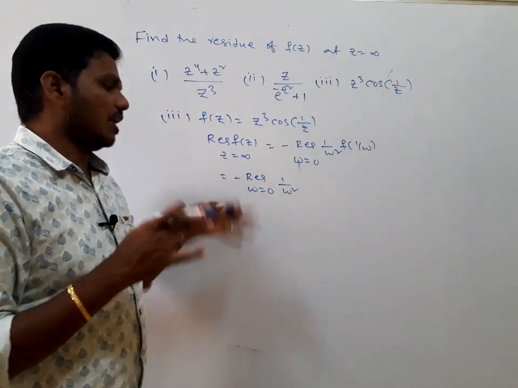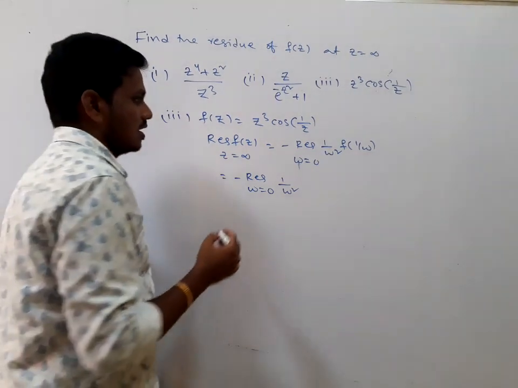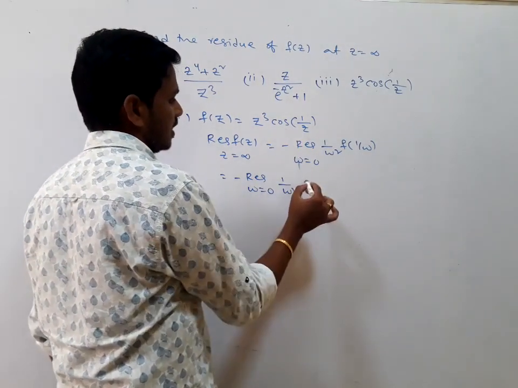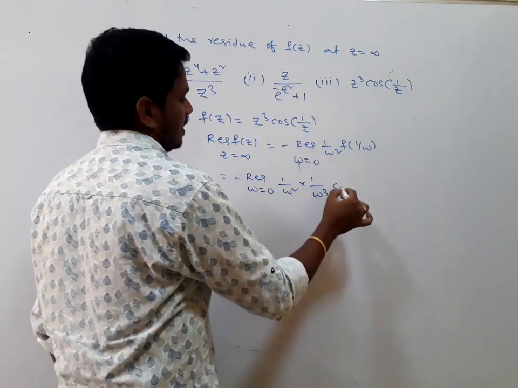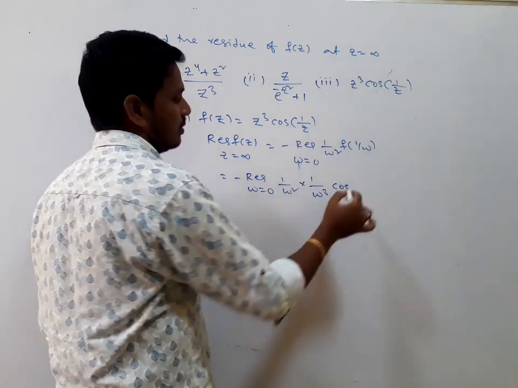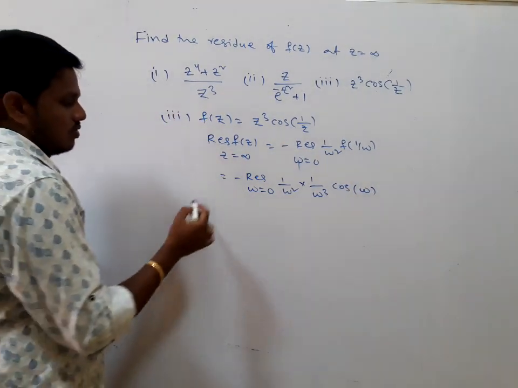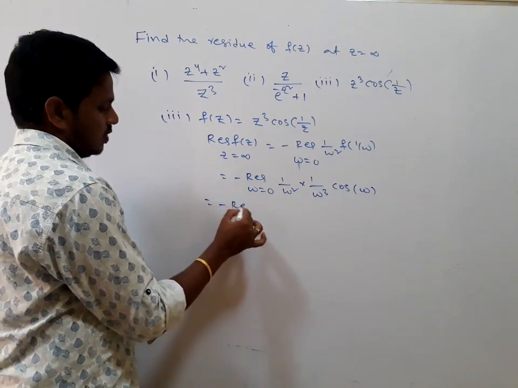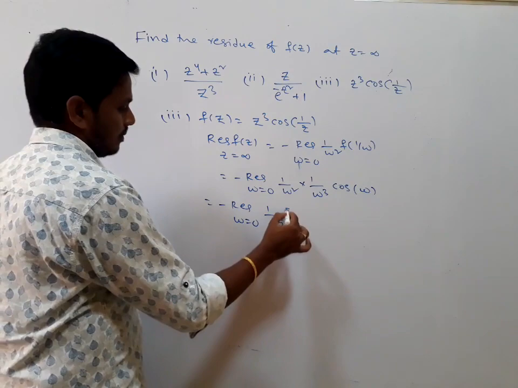That means when I am writing this, I am concentrating on the coefficient of 1 by w. Right, here it is f of 1 by w. f of 1 by w is what? It is 1 by w cube cos of 1 by z, where z is 1 by w. 1 divided by 1 by w is w. Right, so minus the residue of 1 by w to the power of 5 times cos w.